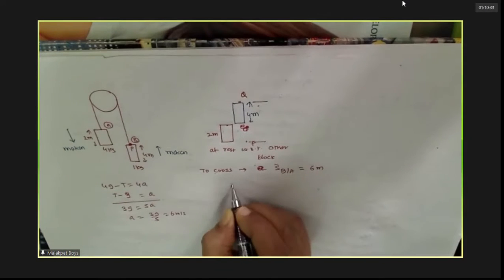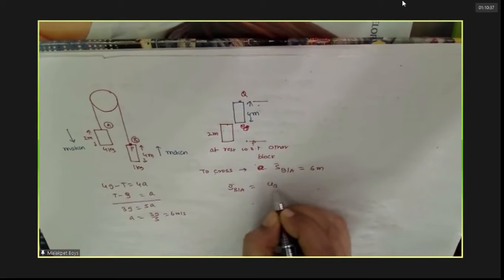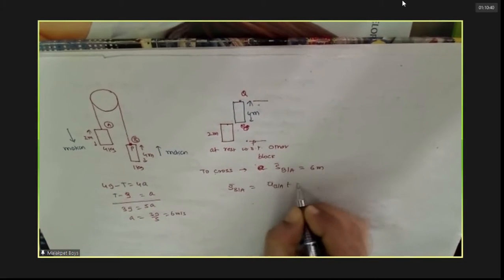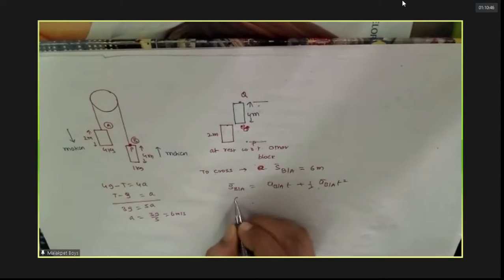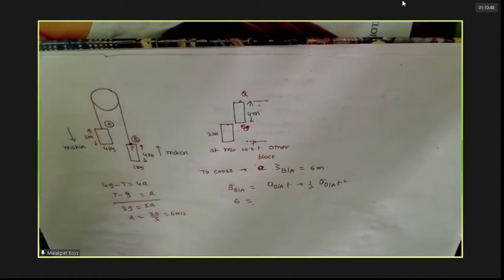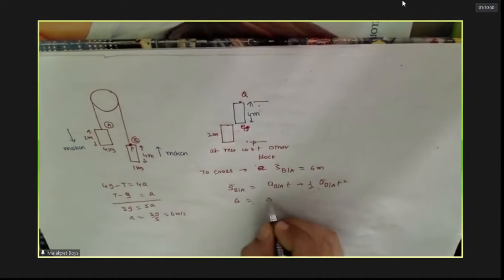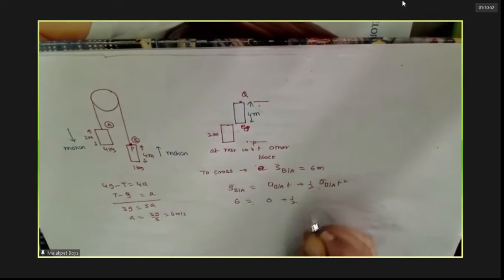So you can write initially, this is nothing but 6. This is 0, half.